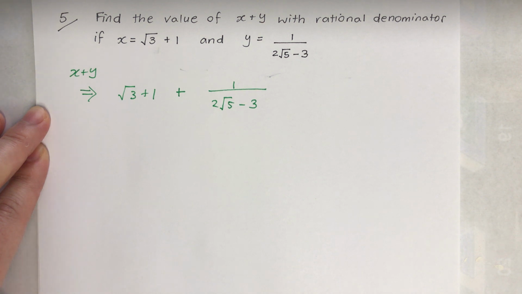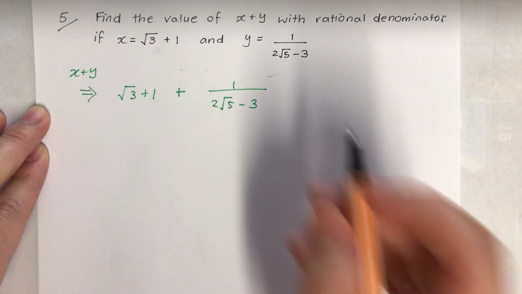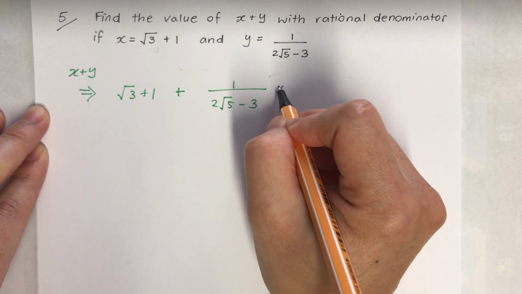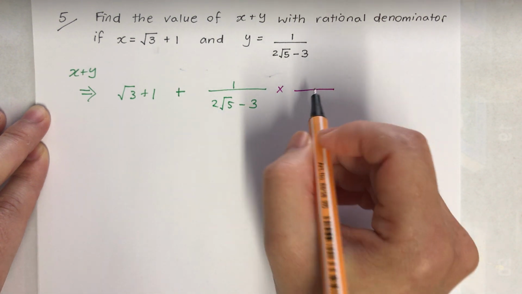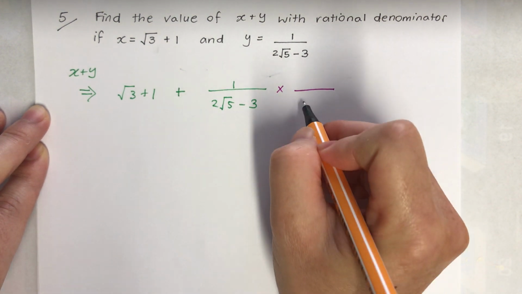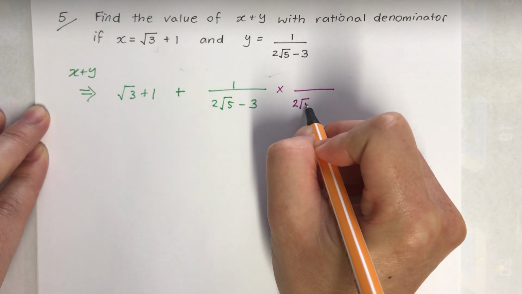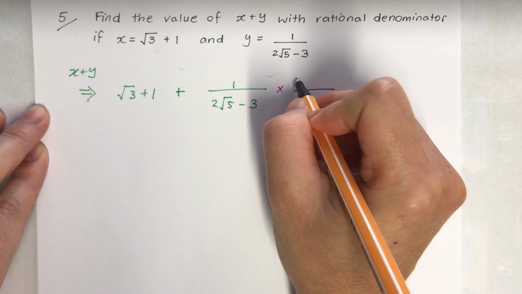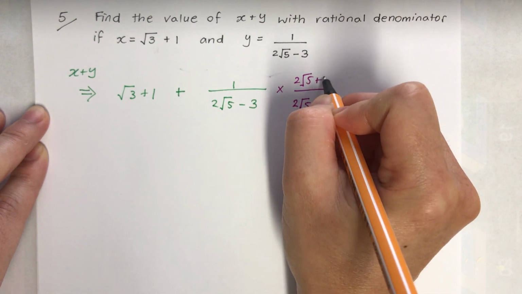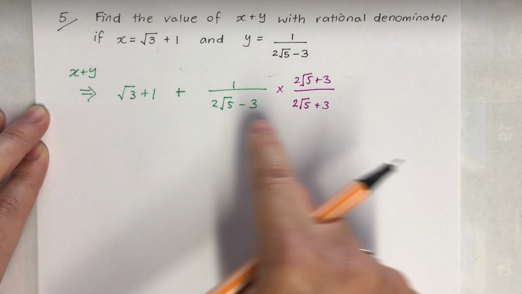Okay, now here I need to change something in this side, okay? Because this is irrational, so I'm going to rationalize the denominator here by using conjugate pairs. 2 root 5 plus 3, 2 root 5 plus 3, okay? So I'm going to do this first.